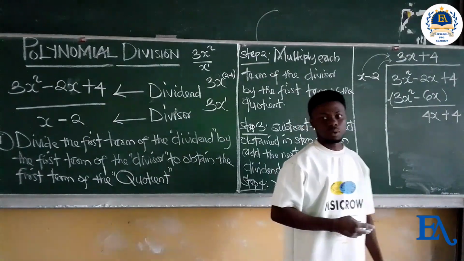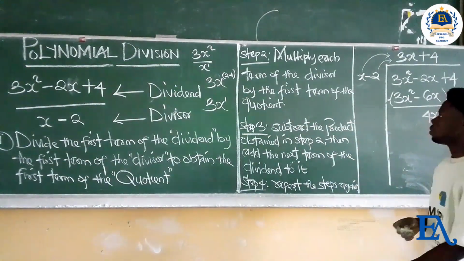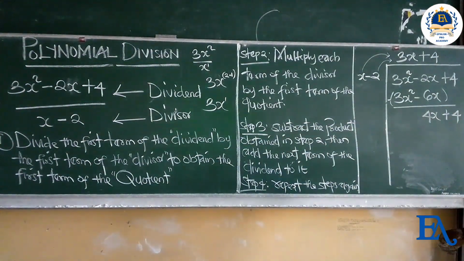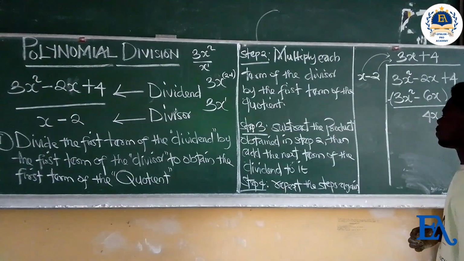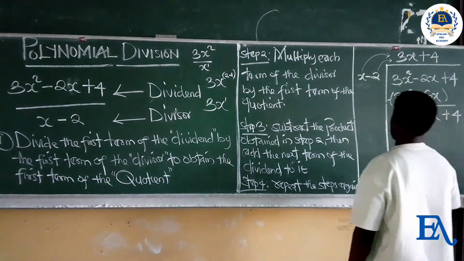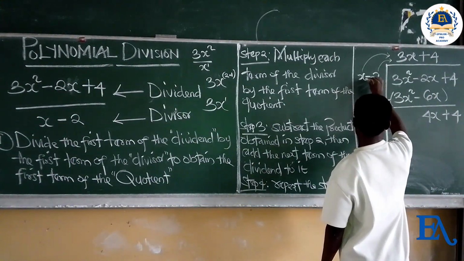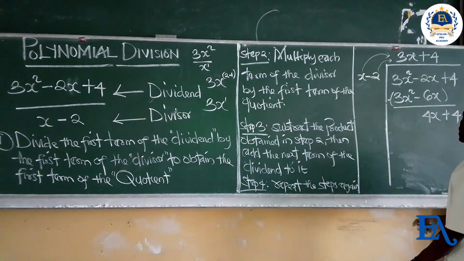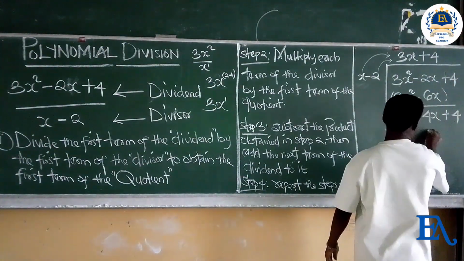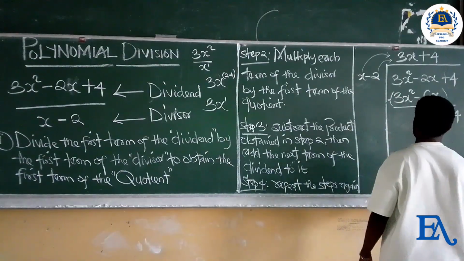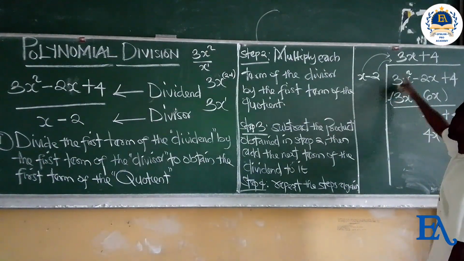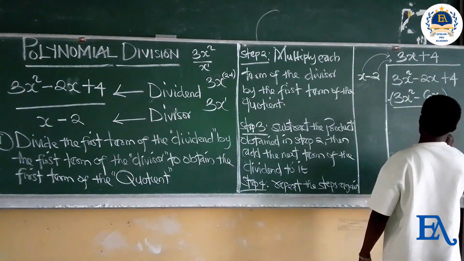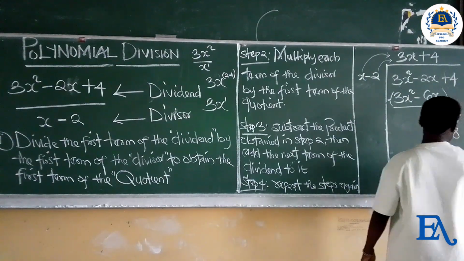Next is step number 2. In step number 2, we will multiply each term of the divisor by the first term of the quotient. So we are going to multiply this and this by this. x times 4 gives 4x, and minus 2 times 4 gives minus 8.